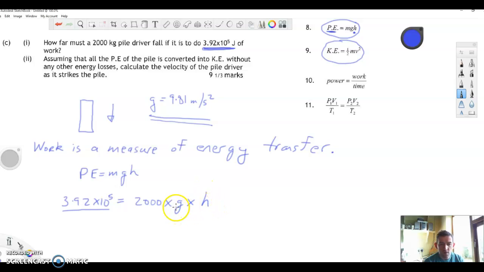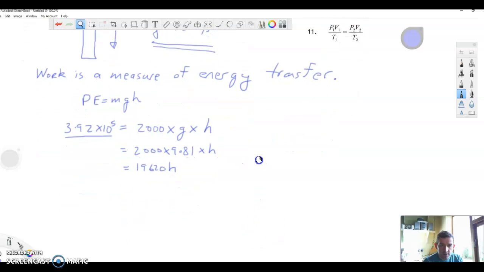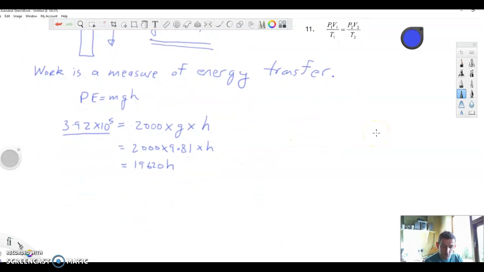So we multiply 2000 by 9.81 times h. What's 2000 multiplied by almost 10? 9.81 gives us 19,620, so we get 19,620 times h equals 3.92 by 10 to the 5. Now, to get h, we divide both sides by 19,620.